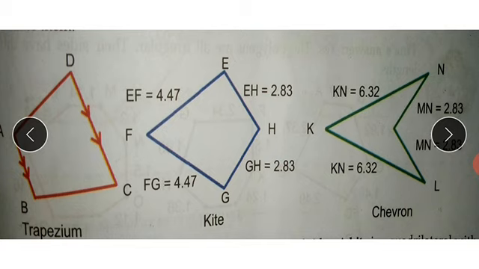So this is a chevron. So this one is equal to this side. This one is equal to this side.